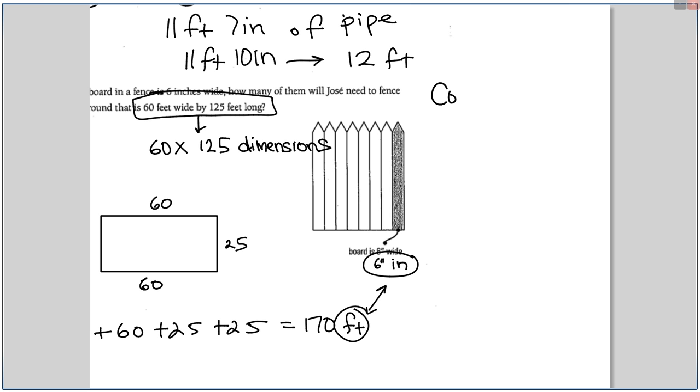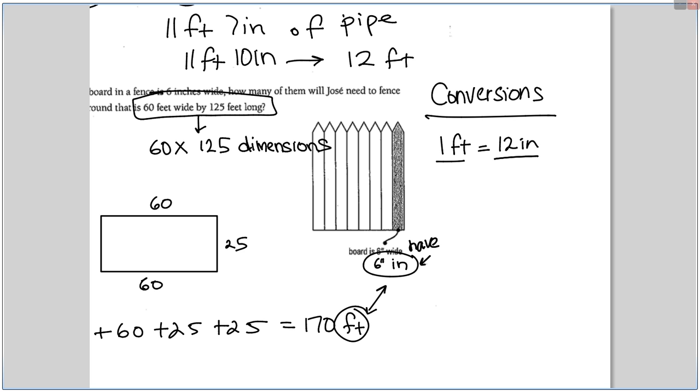So let's talk about conversions. From your formula sheet, you know that 1 foot is equal to 12 inches. That's from the formula sheet. Now we've already taught you in this course how to cross multiply, so we're going to apply that skill right now. What you do is take what you have, you have 6 inches, and you want to convert it to feet.